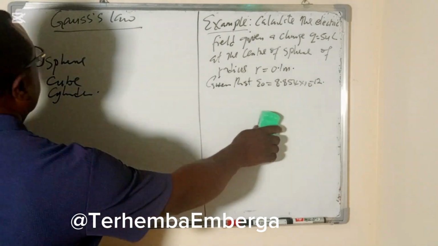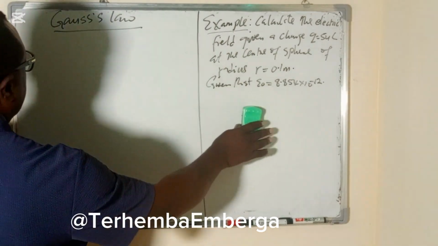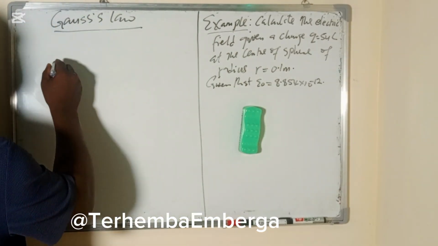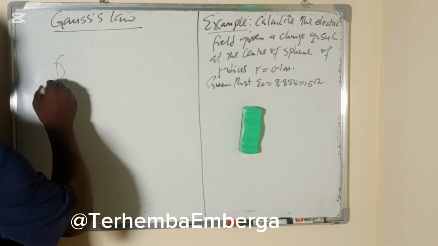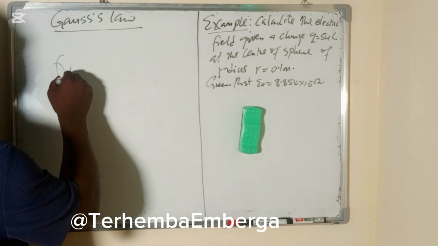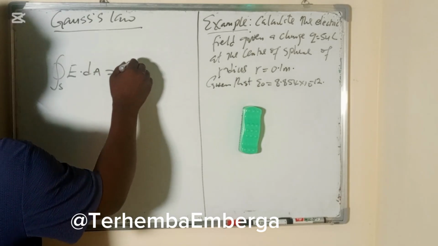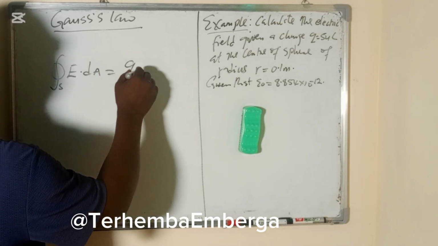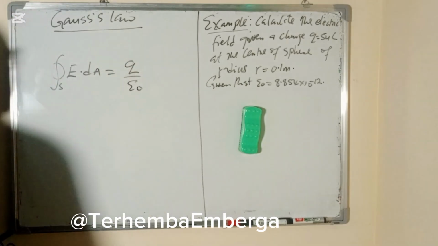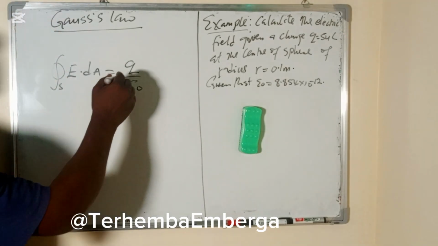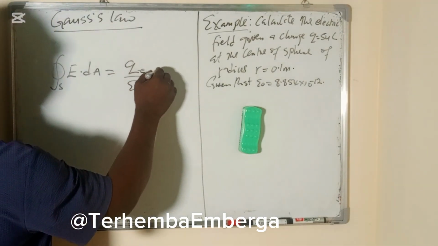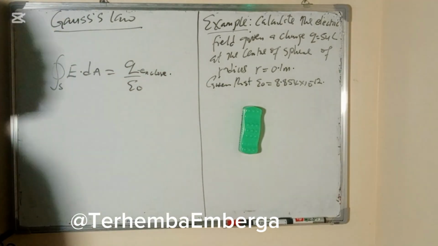And mathematically, we can say that Gauss's law was stated as Q all over permittivity. This is the charge in an enclosed surface.